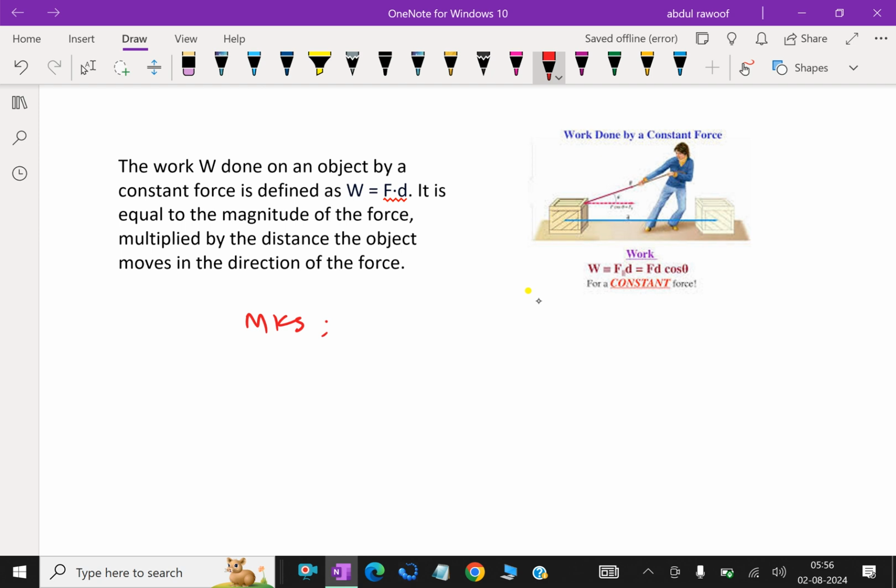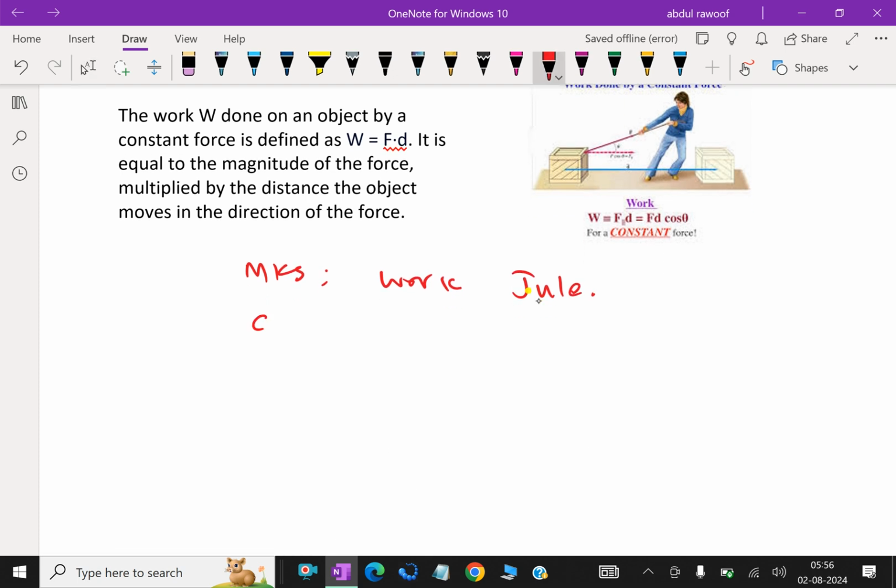In the MKS system, the work unit is Joule, and in the CGS system, work is erg. Therefore, 1 erg equals 10 to the power of -7 Joule.